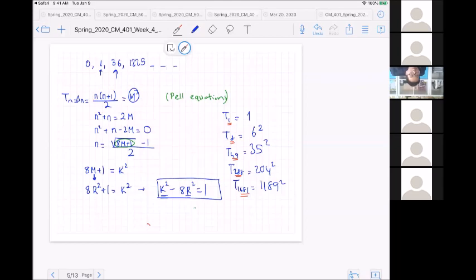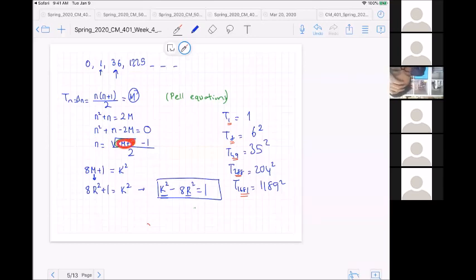And by the quadratic equation, we get that n is equal to this. Because n is an integer, 8n plus 1 has to be a perfect square, because this is a square root.